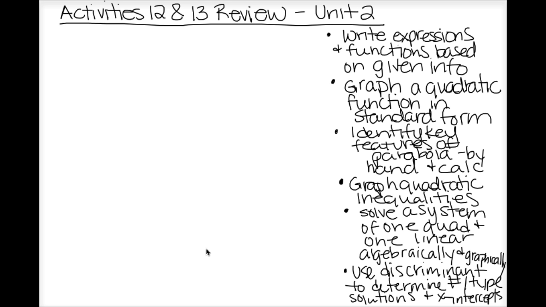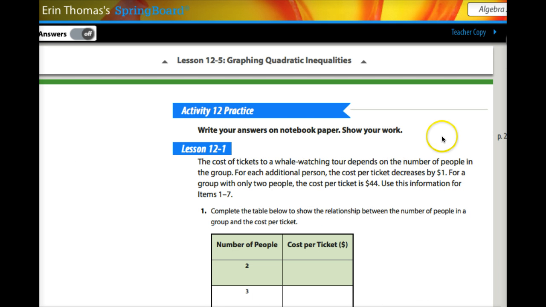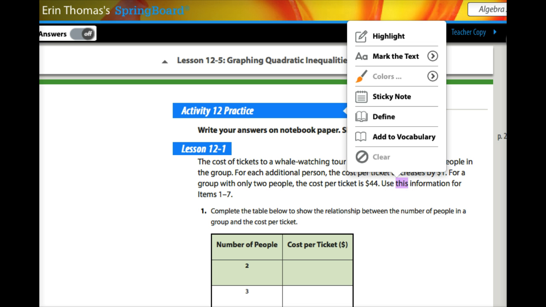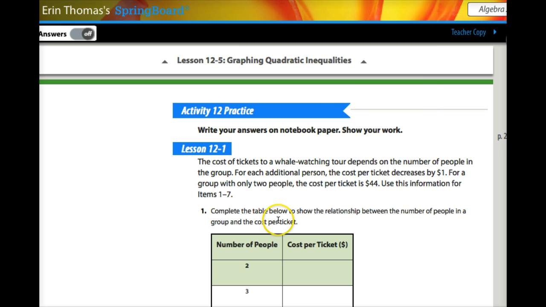It says the cost of tickets to a whale watching tour depends on the number of people in the group. For each additional person, the cost per ticket decreases by $1. For a group with only 2 people, the cost per ticket is $44. Use this information for items 1 through 7.